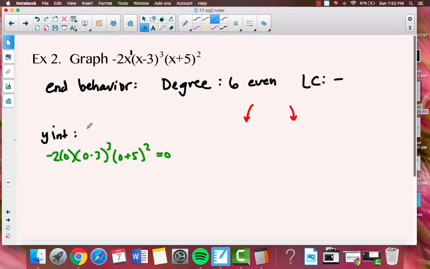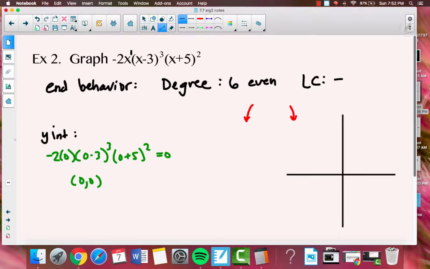So my y-intercept is at the ordered pair (0, 0). And I'm going to go ahead and plot this just so we have it started. So we know we're going to have a point at (0, 0). I'm going to plot that in green. We know our end behavior is going to go down, so hopefully at the end both sides of our graph are pointing down. And now we need to find the zeros of the graph.